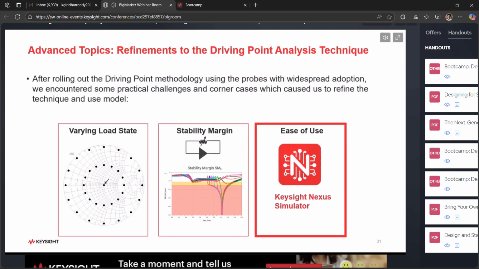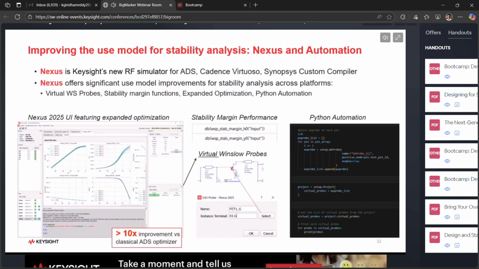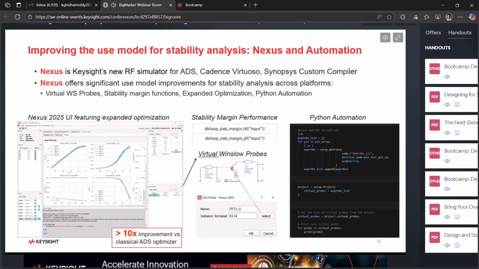And the last thing I want to talk about here is the ease of use. So there are things that we can certainly improve in the use model. And the way I wanted to talk about that is Nexus. So the first area of challenge in the use model is that we only have one platform, ADS. And so how do you apply it if you're doing silicon design or something? How do you apply these probes to a silicon design?